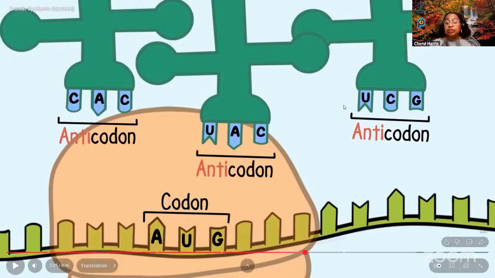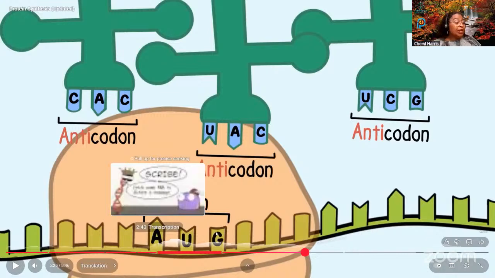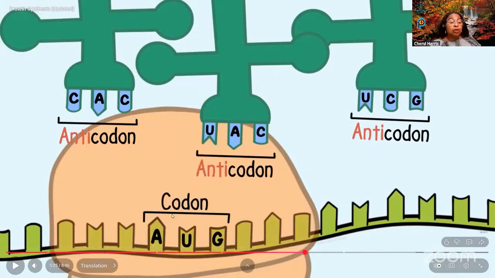So each of these is going to figure out only the one that matches this AUG, or that is complementary to the AUG, will actually bind. Okay, and it has an amino acid attached to it, which in this case is UAC.